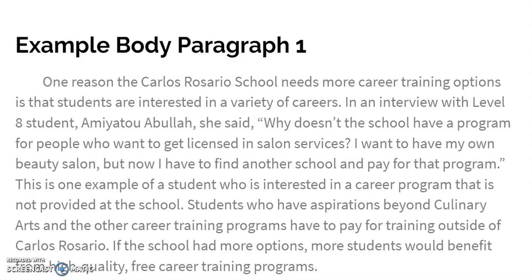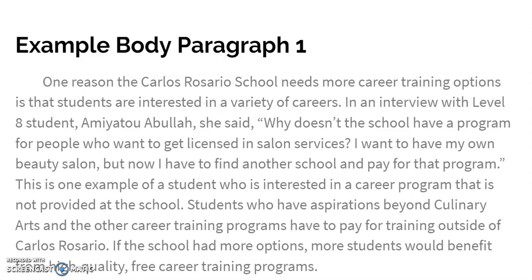Now I need the warrant. The warrant explains the evidence I have introduced and connects it to my main idea, to my claim. So I've added a few sentences that are connecting this quote from Amiyatu with my idea that the school should expand its options.